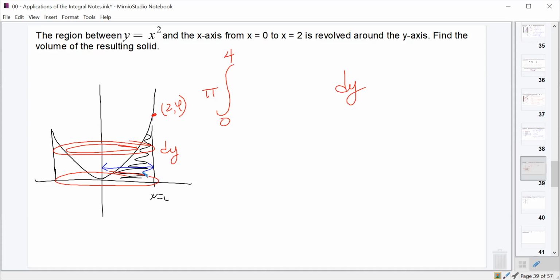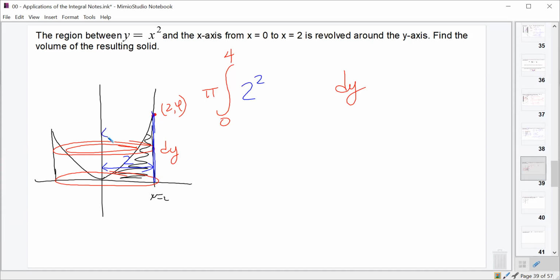The rightmost bound is always defined by the line x equals 2, everywhere from y equals 0 all the way up to y equals 4. So that distance doesn't ever change. It's always 2. So our outer radius is 2, so we'll do 2 squared.